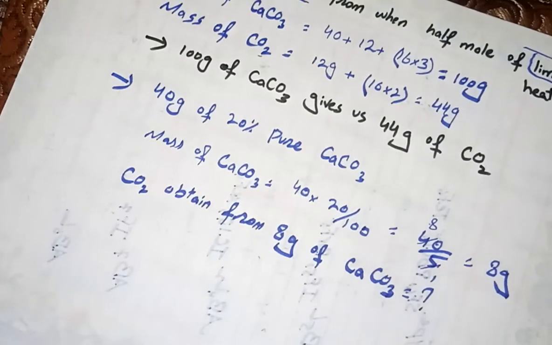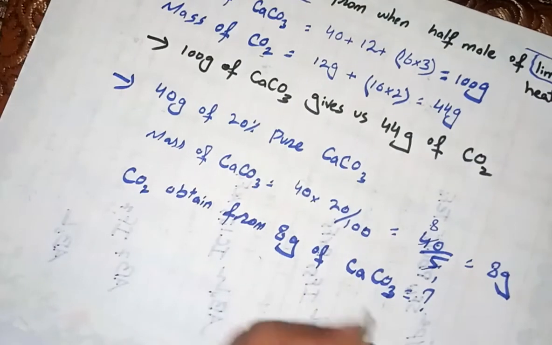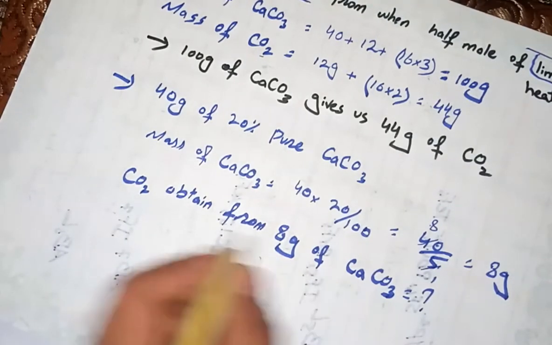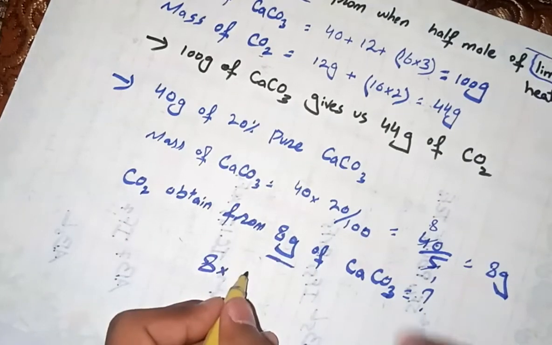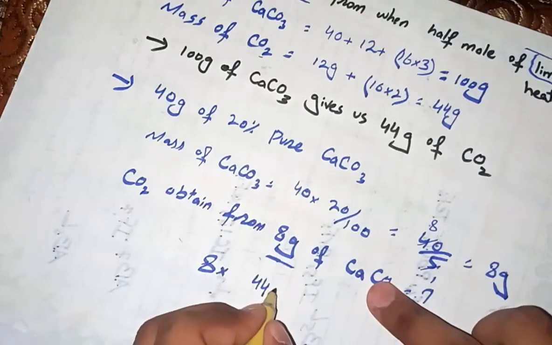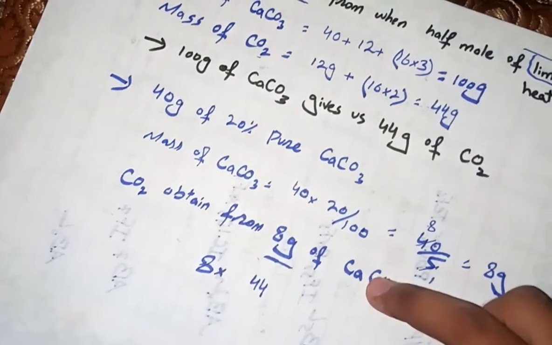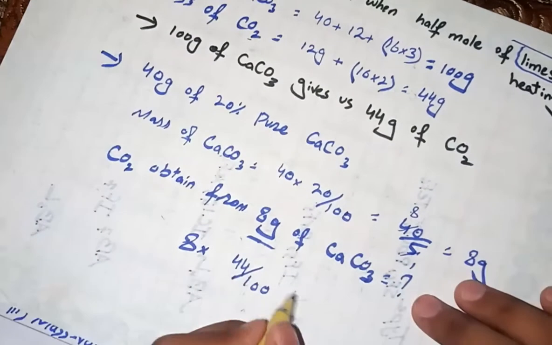How can we obtain the amount of CO2 from 8 gram of CaCO3? Now we calculate, putting 8 gram multiplied by 44 over 100.